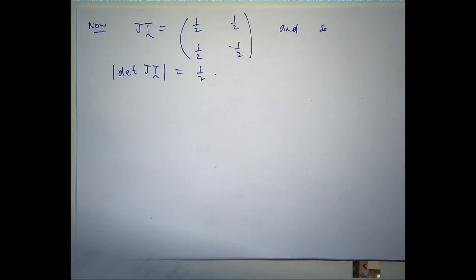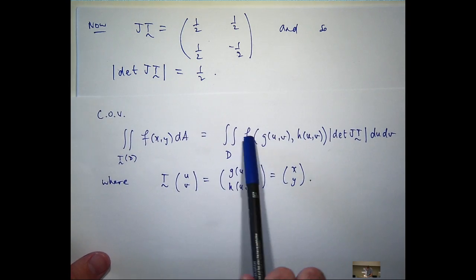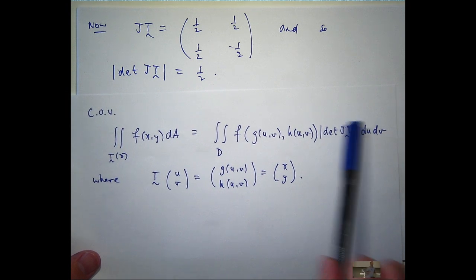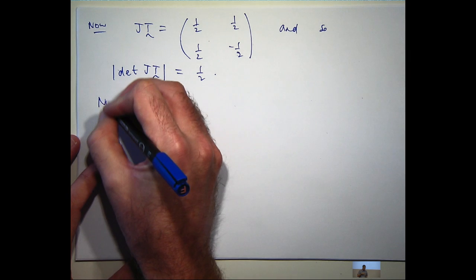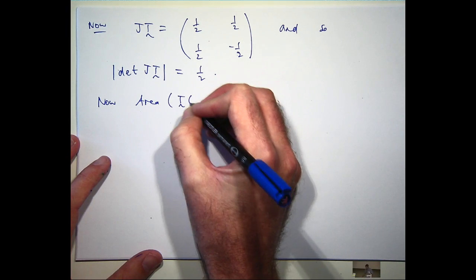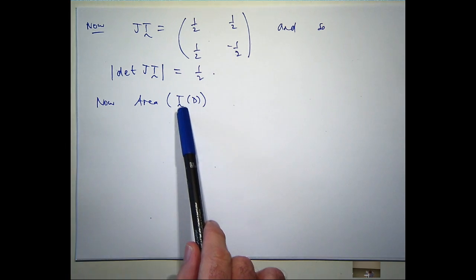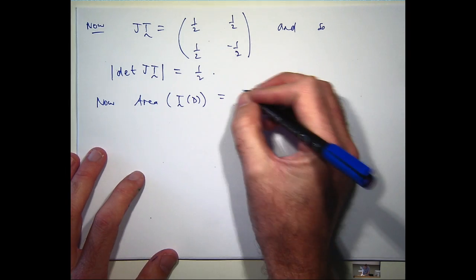Now I can finally apply my change of variables formula with f identically equal to 1. This is going to be a half, and I'm just integrating over my D. So the area of the region in the xy plane is just this.